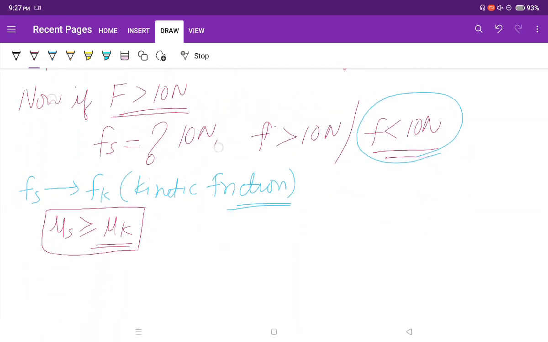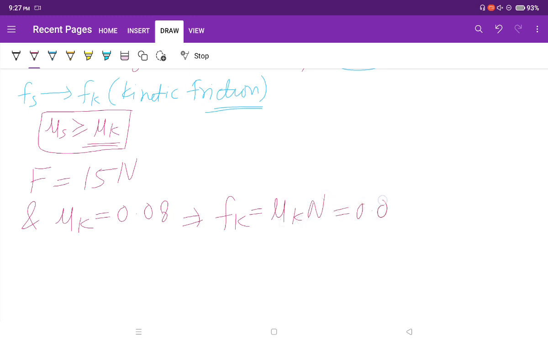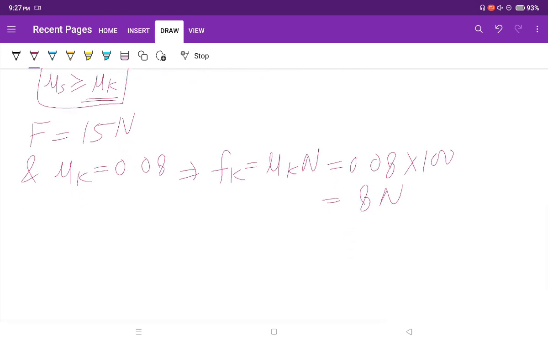So in this case, if F equals 15 newtons and mu k equals 0.08, then Fk will be equal to mu k times N, which is 0.08 times 100, that is 8 newtons. So the net force is F minus Fk, which is 15 minus 8 newtons, which is 7 newtons, right?